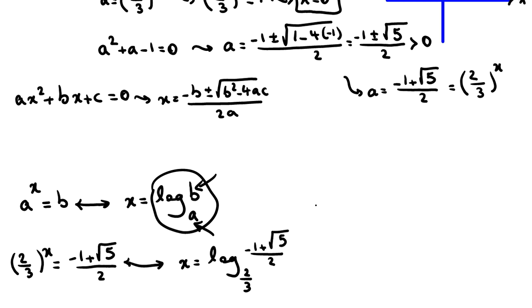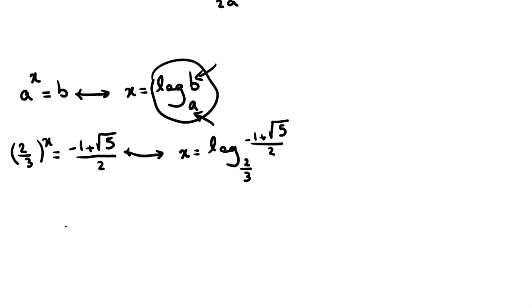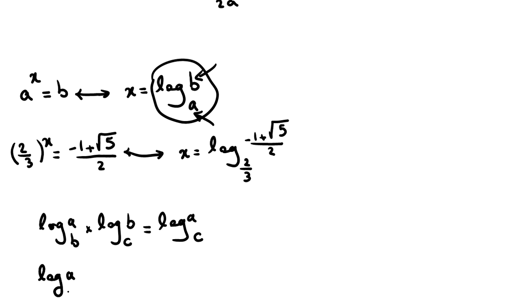If you want to calculate this number, it is not important to consider in what base. We have an important rule in logs, one of the most important rules in log. Log A in base B times log B C, you can cancel the B's, it will be log A C. Sometimes you can also write log B B, which is 1.